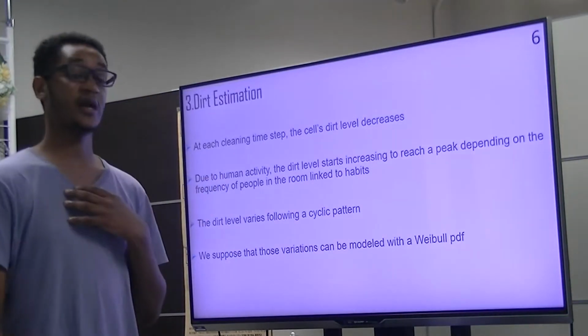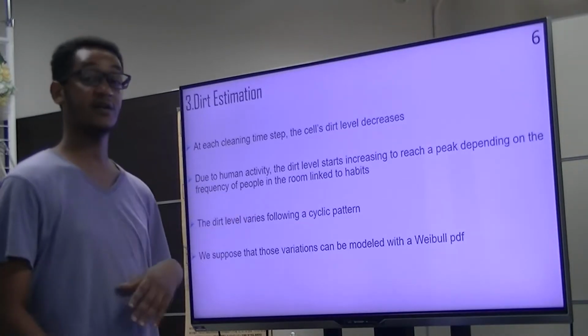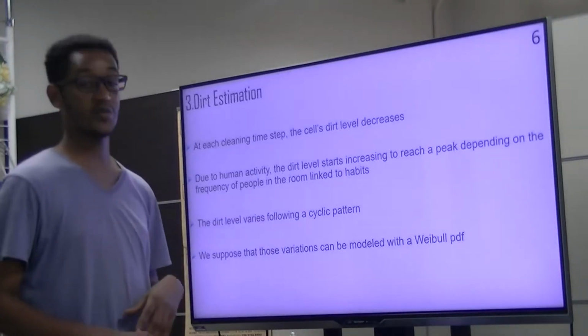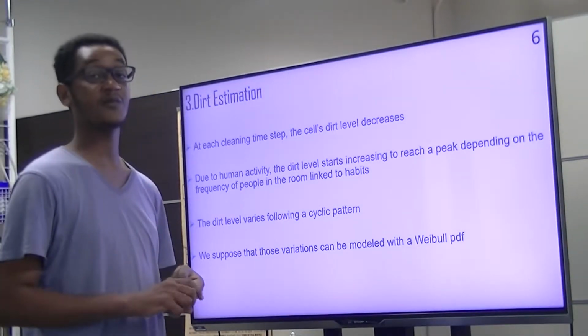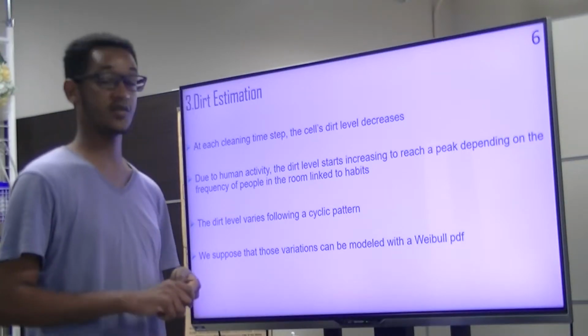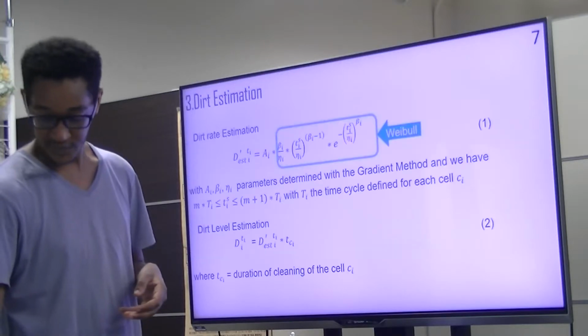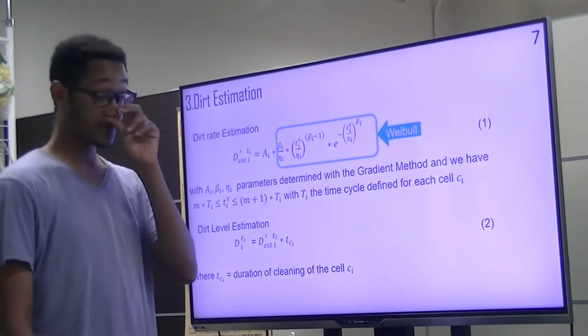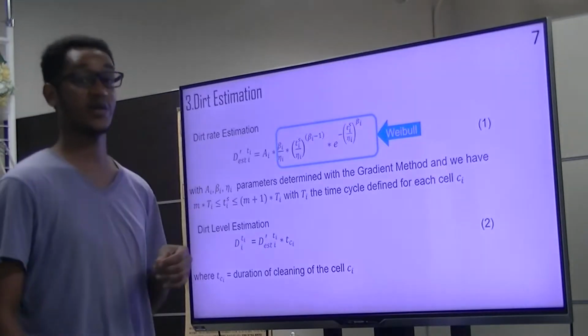So, in our hypothesis, we model our dirt level with a variable distribution, and also we set a cycle for each cell in order to get the dirt level. For our dirt level estimation, we first estimate the dirt rate.